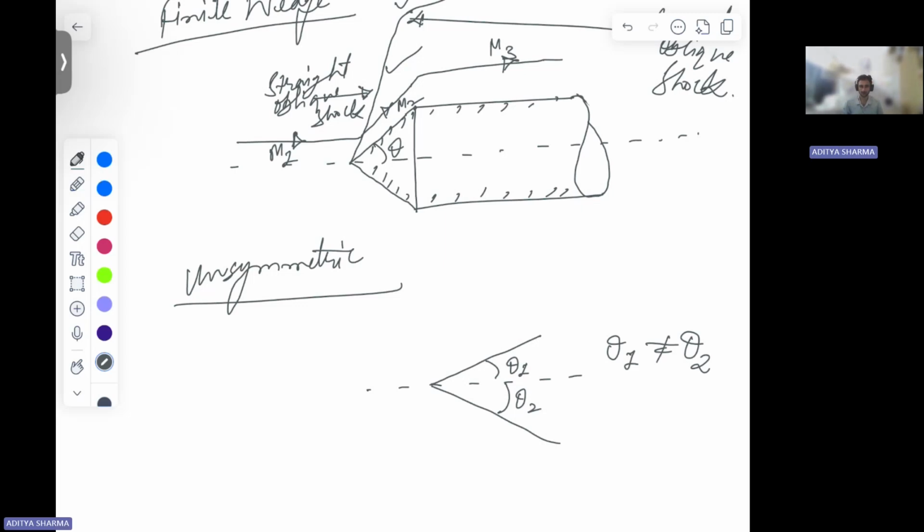This is there. But then if you have the flow, so if flow is in this direction, that will be.